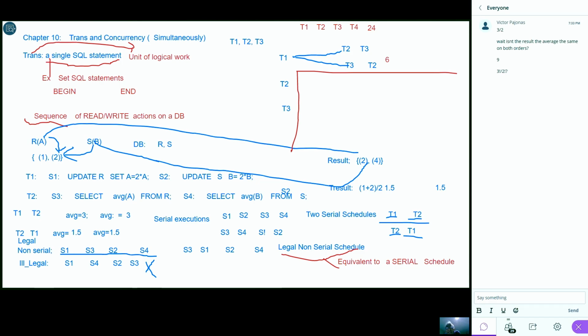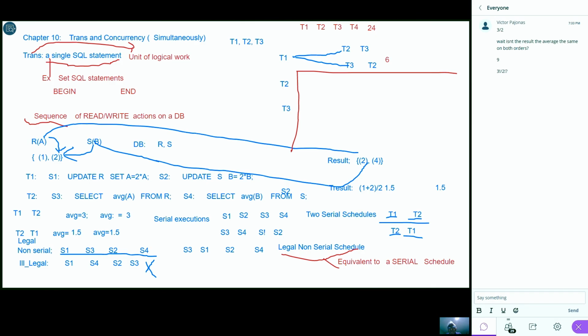Well, let's say one transaction reads something, then later on some other transaction tries to write what it has read.